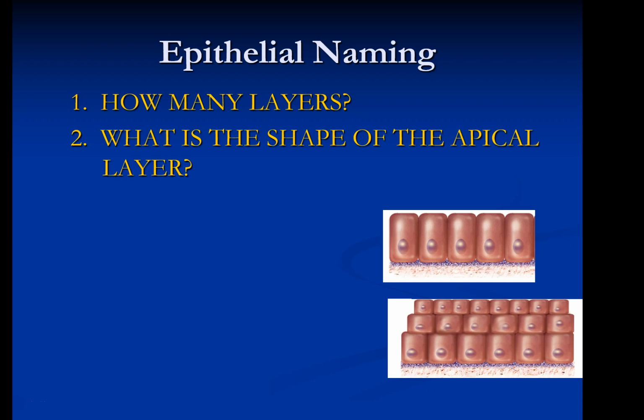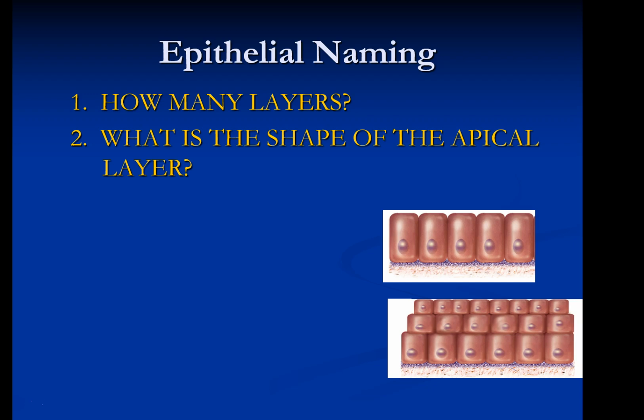If you see more than one layer, you call that tissue stratified. It doesn't matter if it's 2 layers or 202, it's just stratified. So they're simple or stratified based on the number of layers. Then you look at the shape of the apical layer of cells. We have to keep in mind which is the apical layer. If there's only one layer, that's easy, just whatever cells we see.